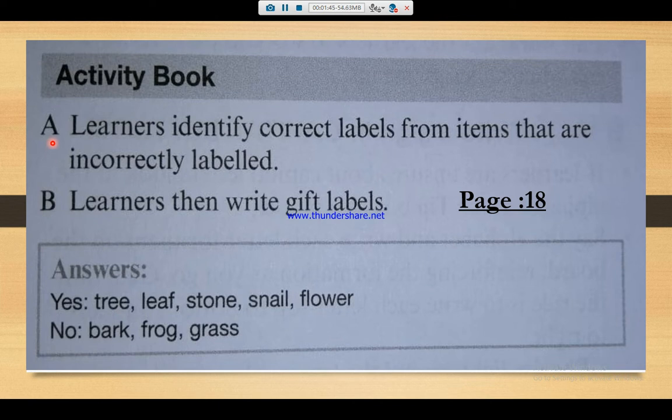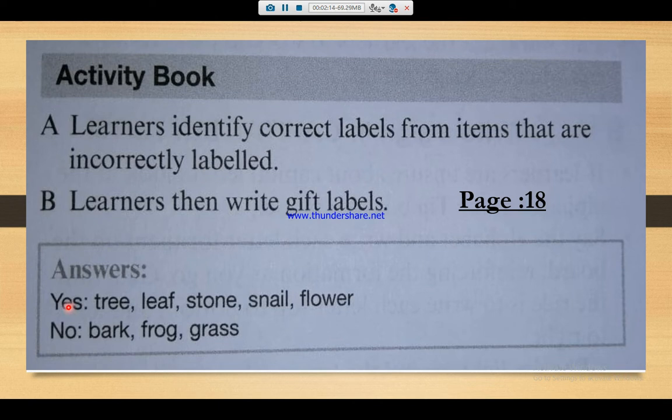In the label, write Y for yes and N for no. So learners identify correct labels from items that are correctly labeled. So this is exercise letter A. In exercise letter A, you are going to find the answers here.